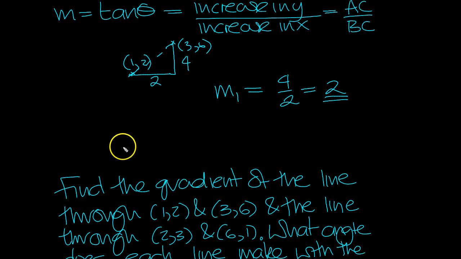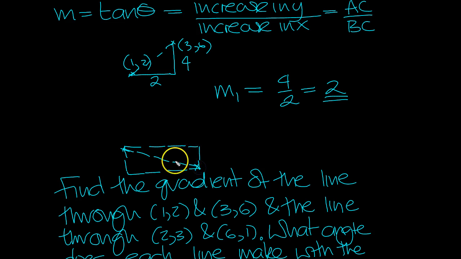So along 2 and up 3 is there. Along 6 and up 1 would be up there, wouldn't it? That would be the line. Okay, so I'm going to draw a triangle underneath the line, because you always draw a triangle. Or you could draw the triangle above the line if you wanted, like so.